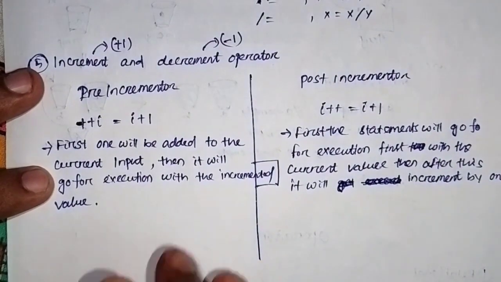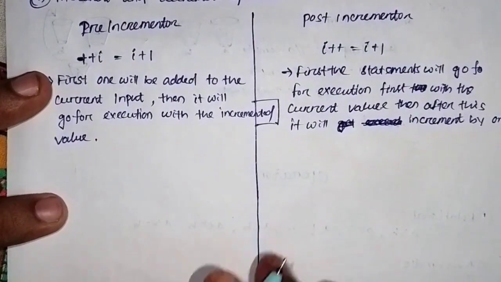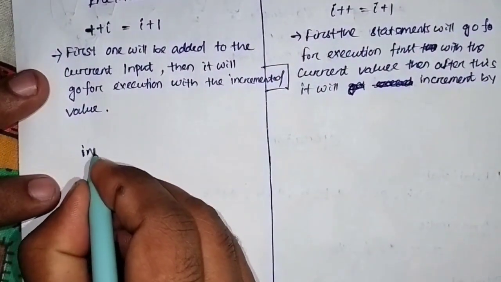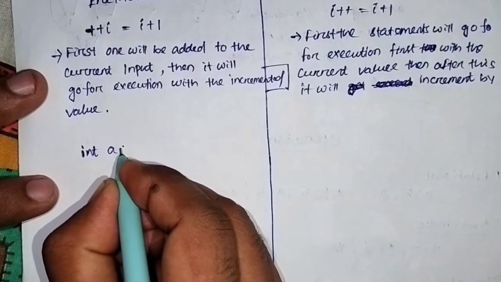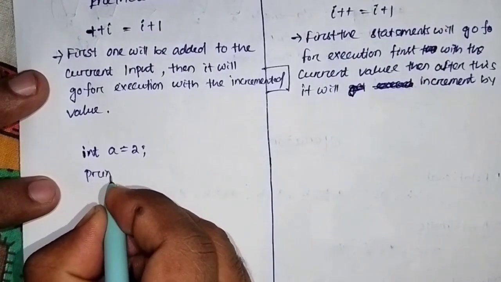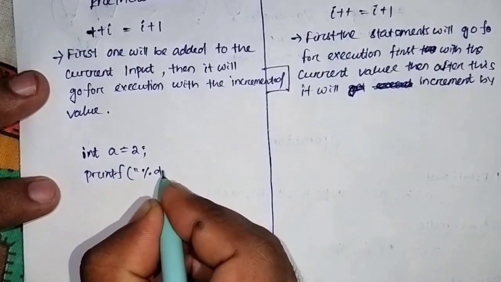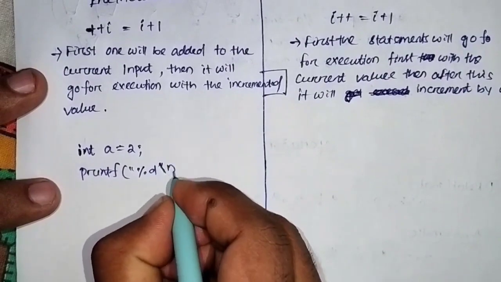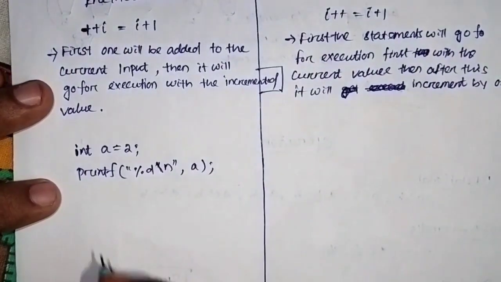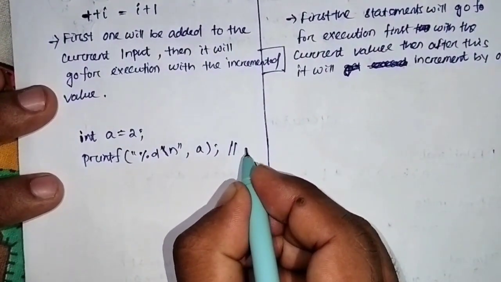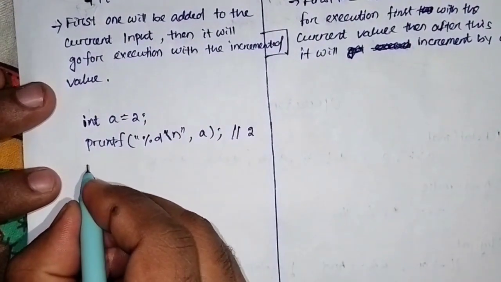Let's come to pre-increment. Suppose a variable a equals 2. First of all we see what the value is, so we use printf("%d\n", a).